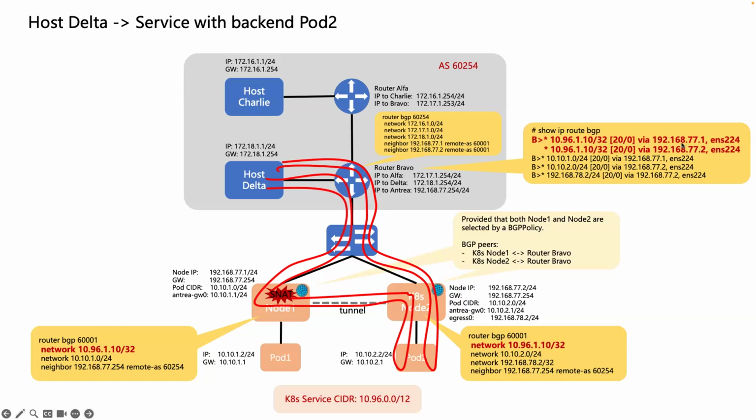The host can access the service via route 1 or route 2, but as Dongson mentioned, the subsequent packets of the connection must always be forwarded to the same node.